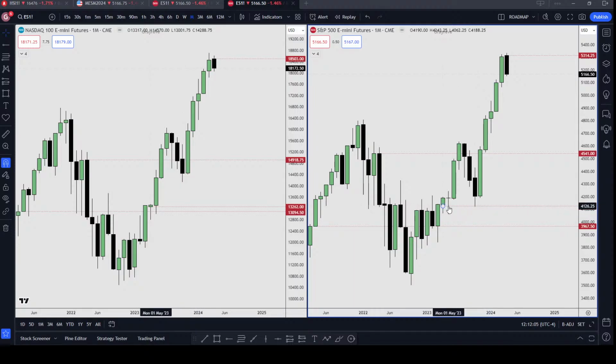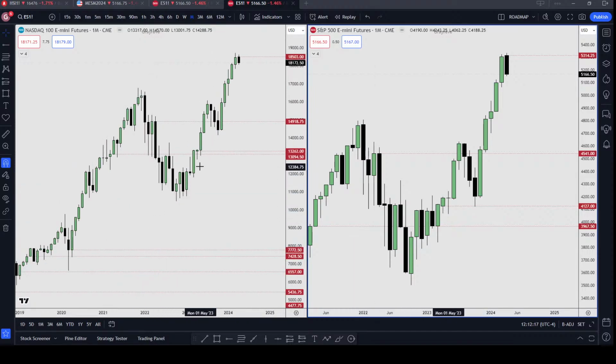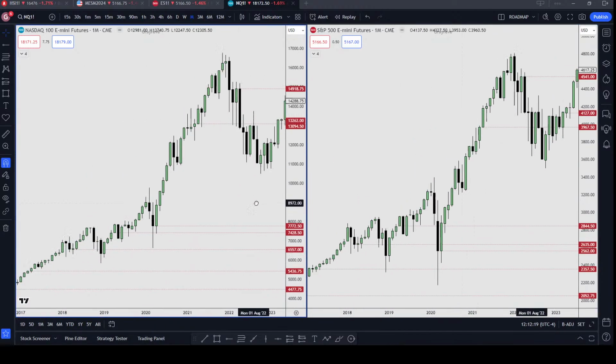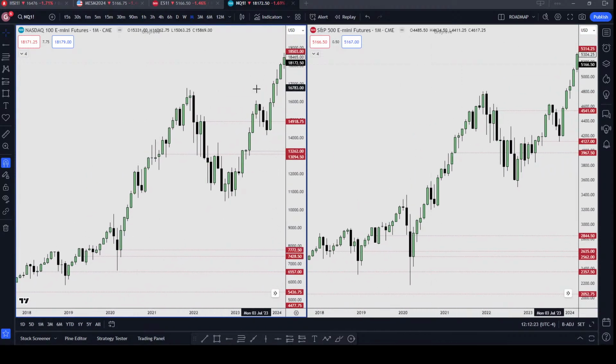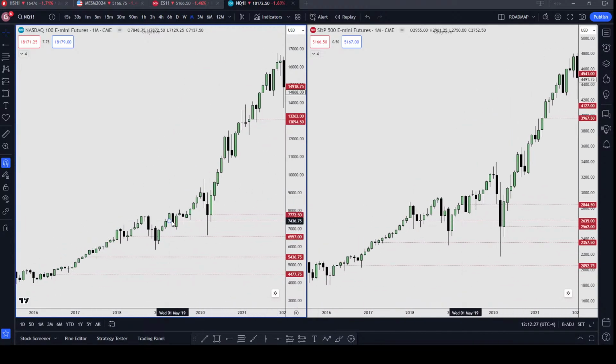So 1, 2, 3 rally, did not really stay below here. It's all wicks. Okay, right here as well for NQ it's more bullish. So 1, 2, right here it's basically wicks. Now when you have these wicks you would anticipate huge expansions, but when you have body closures you won't be anticipating huge expansions, right?